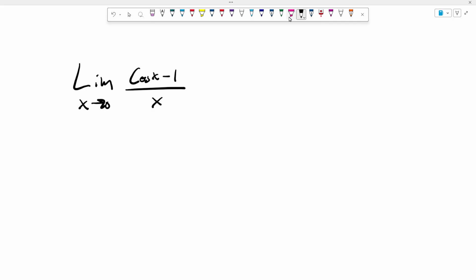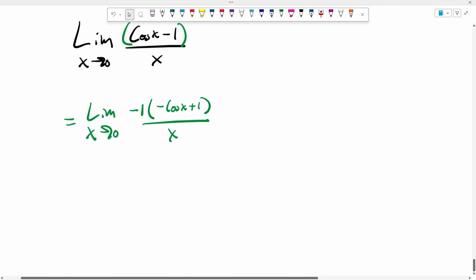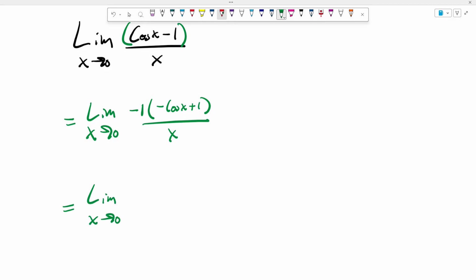Okay, let's work it out. It does equal 1. Oh, sorry, it does equal 0. If I factor out a negative out of that, I get the limit as x goes to 0. And then one of our limit laws, if we have a coefficient in front, what can I do with that? You could distribute it.